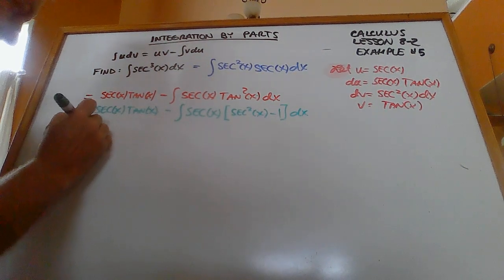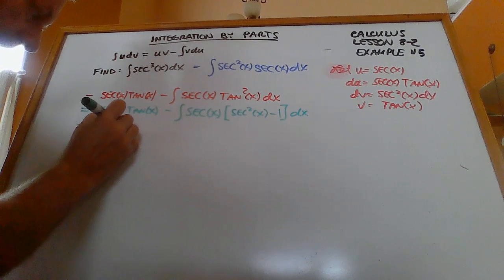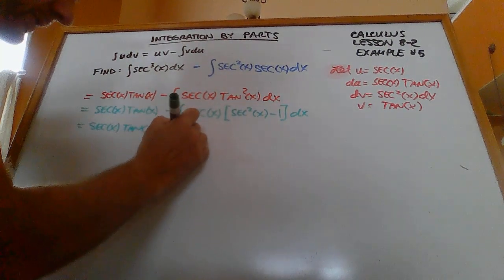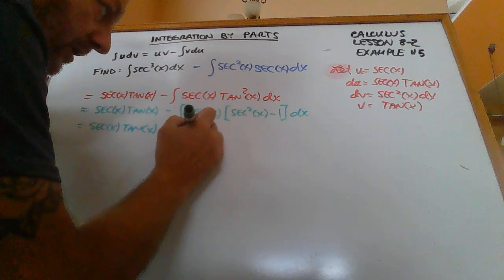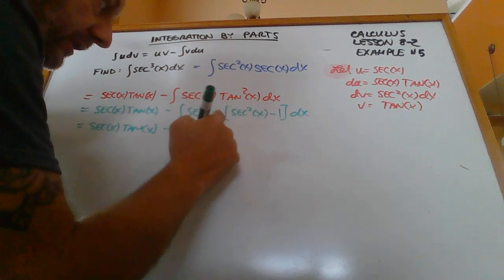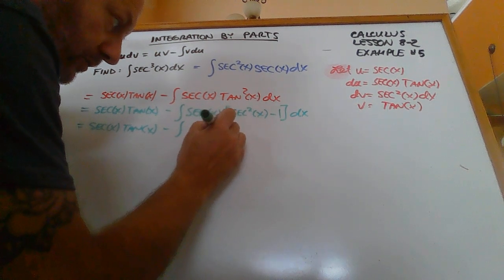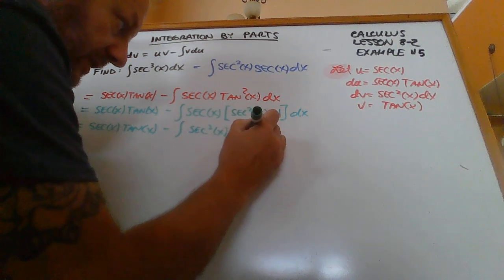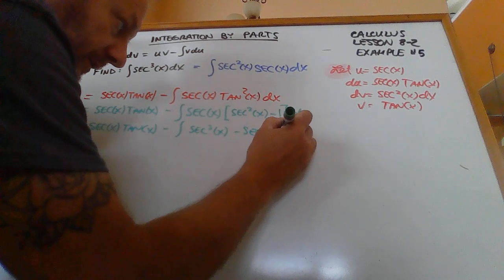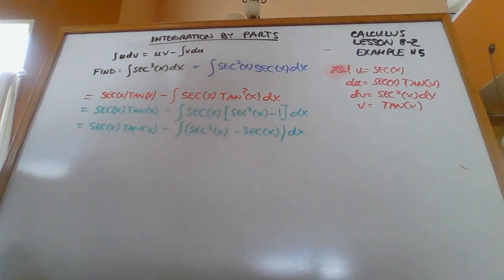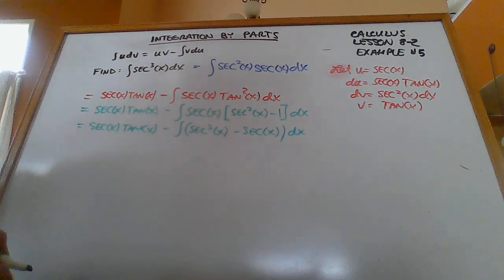And then this is now equal to secant x tangent x minus the integral of, if I distribute this in here, I'm going to get secant cubed x minus secant x dx. Okay.